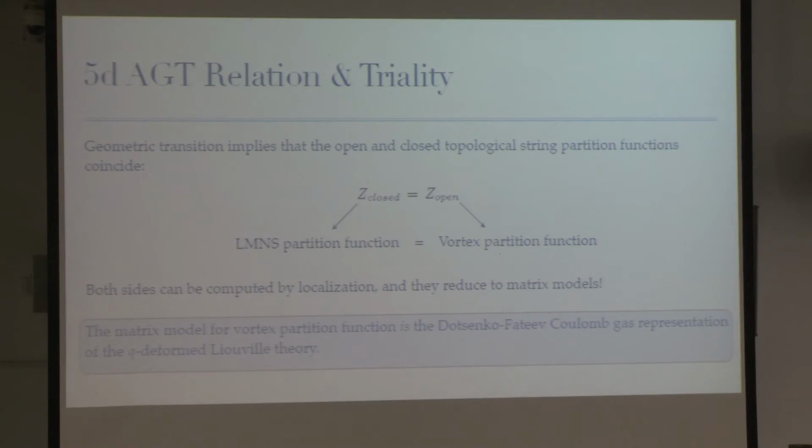So then you will establish what we call the triality, not triality in the usual sense. Some people might object, but triality in the sense that there are three corners. One of them is a five-dimensional gauge theory, the other is a vortex partition function, and the third corner being the Liouville conformal block.